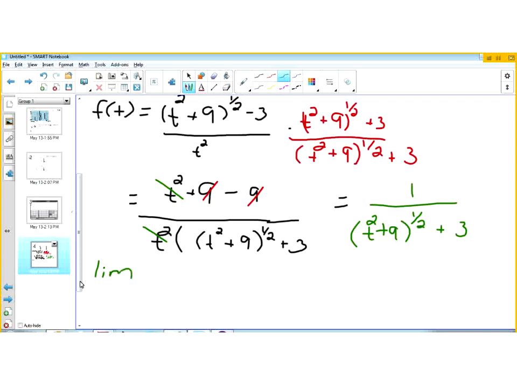Because this function exists for all values of t, we can plug in t equals 0 directly. That's one caveat to taking limits. The limit would just equal 1/6, if I plug in 0 directly. And again, this is called the substitution rule, and I'll talk about it later. So just a little bit of foreshadowing.